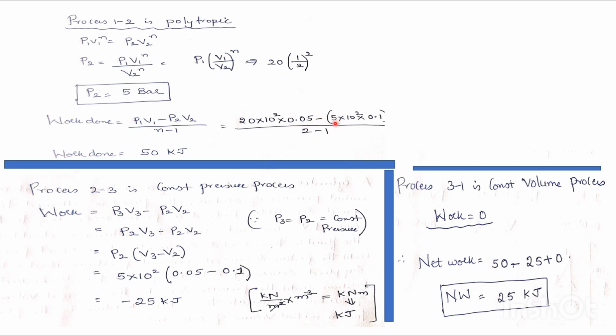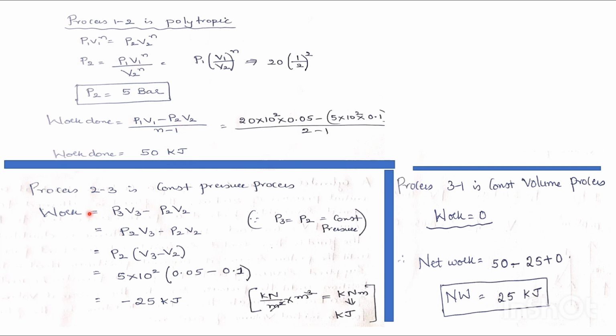P2 is 5 bar, again converted to kN/m², so 5 × 10² × 0.1 m³, the volume at state 2, divided by n − 1, where n is 2, so 2 − 1. If I calculate this, the work done during the polytropic process is 50 kJ.